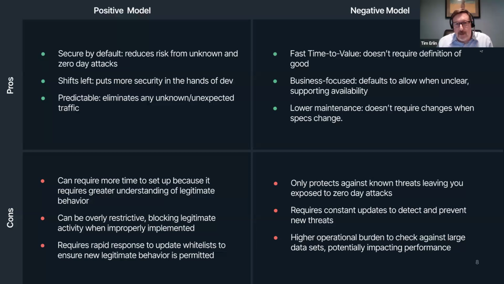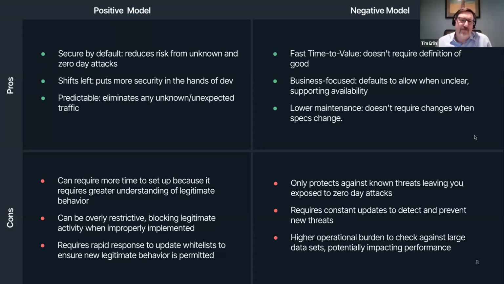On that negative model side, for the pros, you've got a faster time to value with a negative model. If you're deploying something that blocks things that are known bad, as soon as you deploy it, it can start blocking bad traffic or bad events. So fast time to value is important there. I tend to argue that the negative model is more business focused. You could choose a different term there if you like.